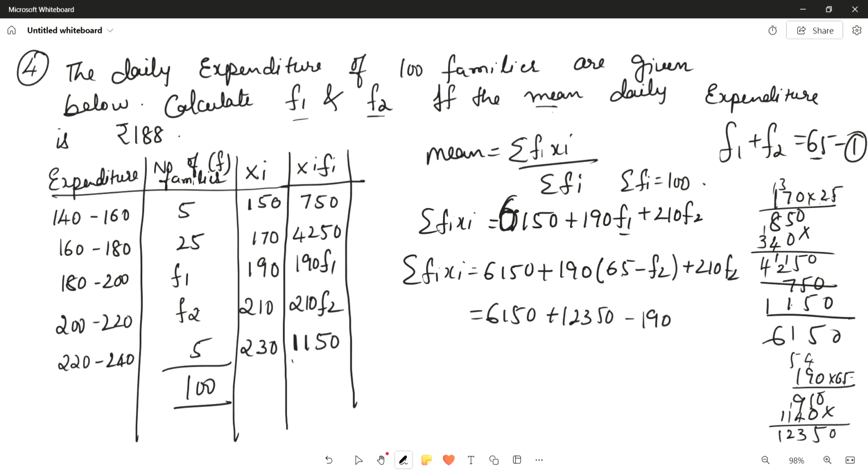So then 190 into F2, so plus into minus, minus 190 into F2 plus 210 into F2.